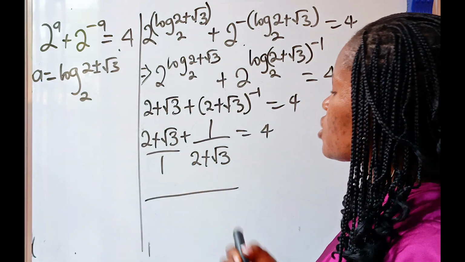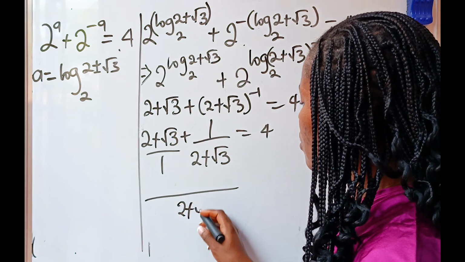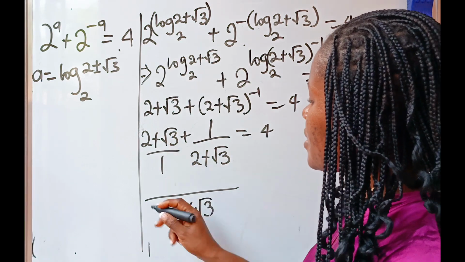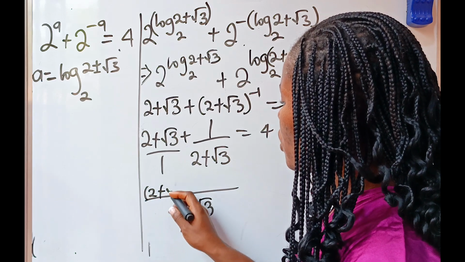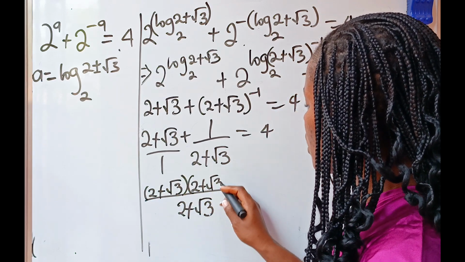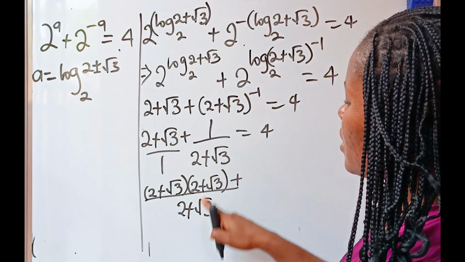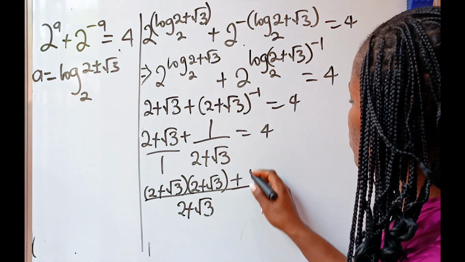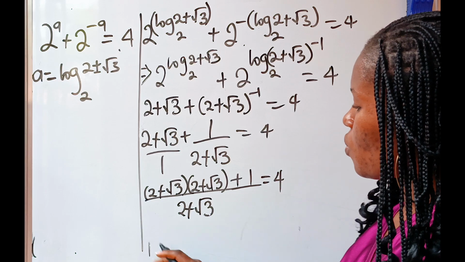So the LCM is 2 plus root 3. Okay. Now when one divides this, we have this times itself will give you 2 plus root 3 multiplied by 2 plus root 3. Okay. Plus, when this divides itself, we have 1. 1 times 1 will simply give us 1, is equal to 4.